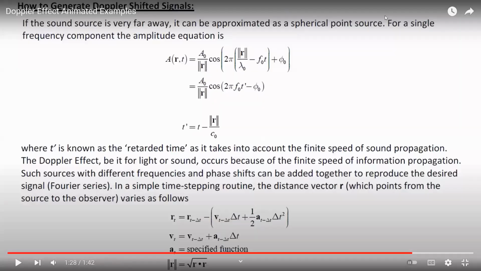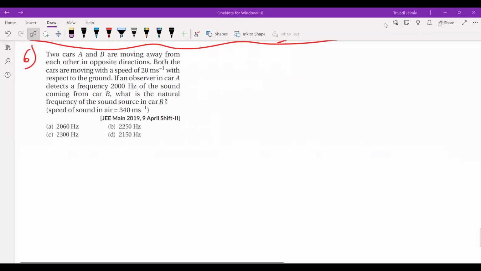You understand the difference of that? Guys, you saw that, right? So it depends upon speed and also distance.